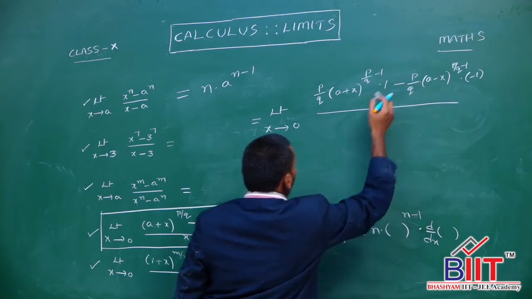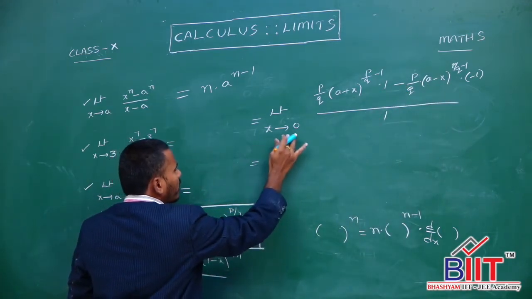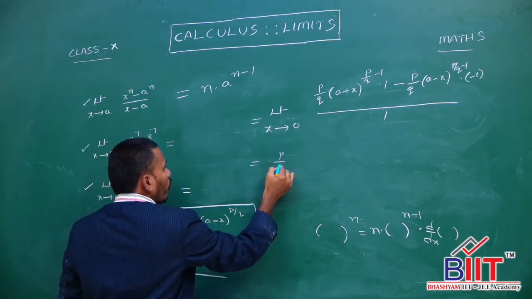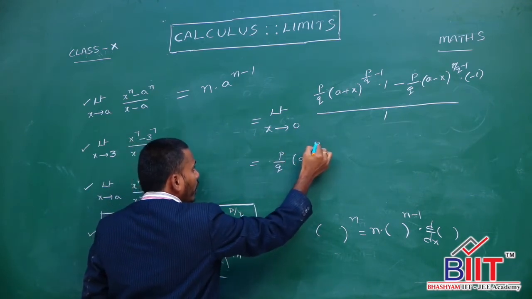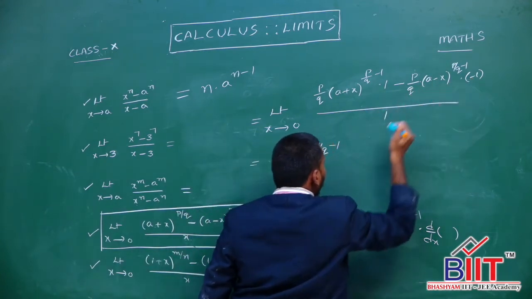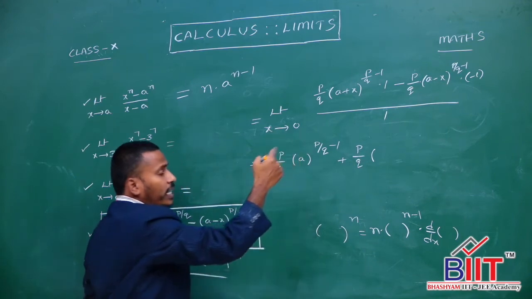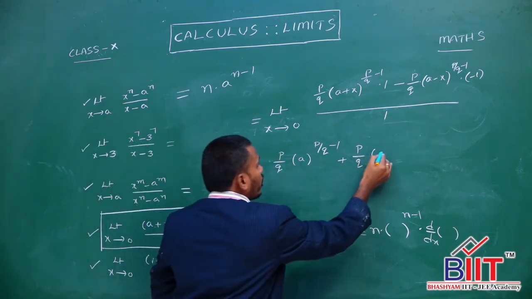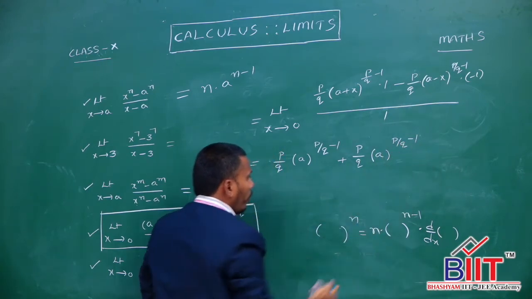Okay. How can we simplify? Minus into minus is plus, right? So, this is equal to directly applying x as 0. Then this is p by q into a plus 0, which is a, to the power p by q minus 1, minus and minus is plus, p by q into a minus x. As x is tending to 0, replace x with 0, a minus 0 is a, to the power p by q minus 1.